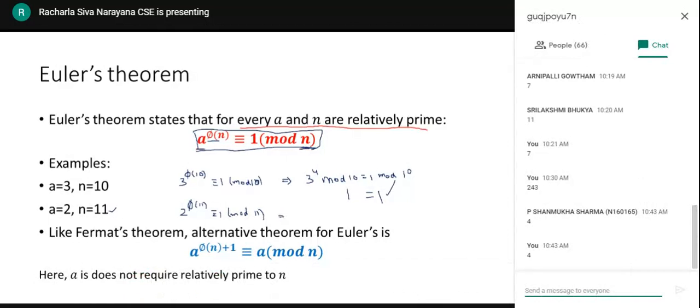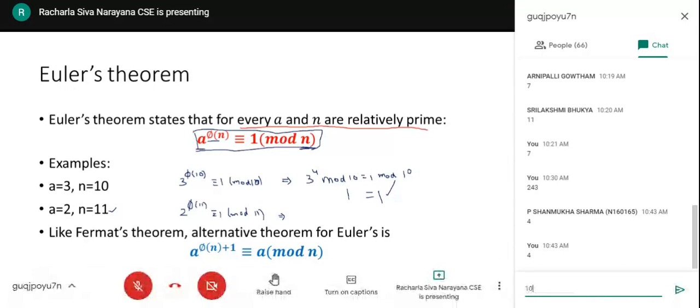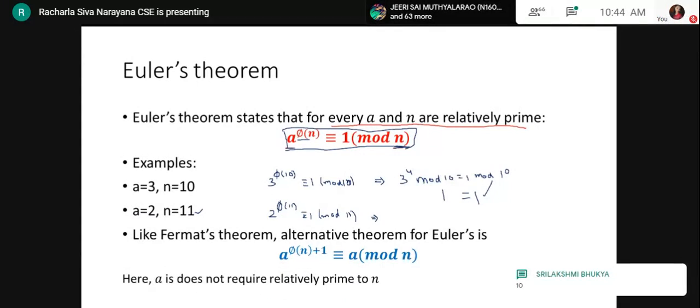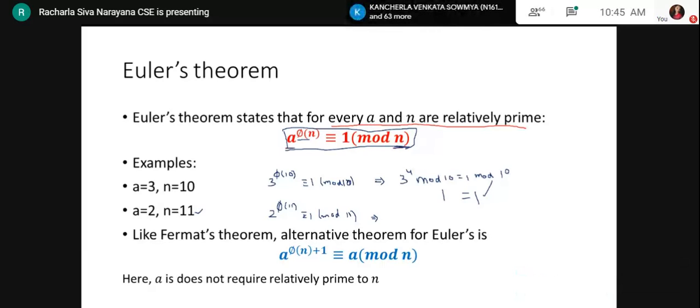So now we can write it as: what is the value of phi of 11? Here 11 is a prime number, then phi of n, phi of 11, is equal to n minus 1. That is 11 minus 1. So the answer is 10.